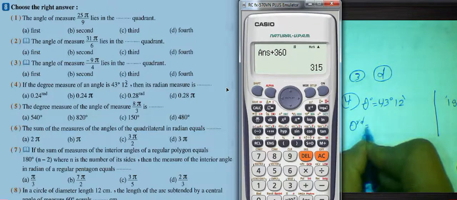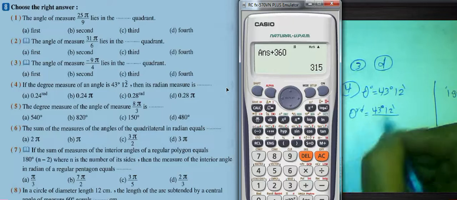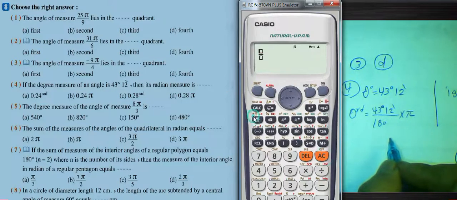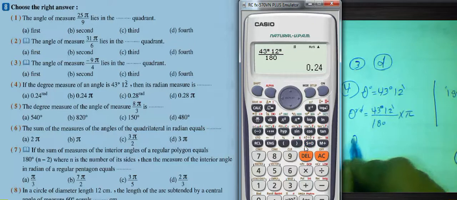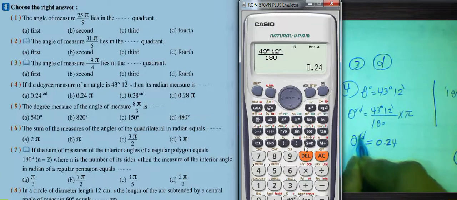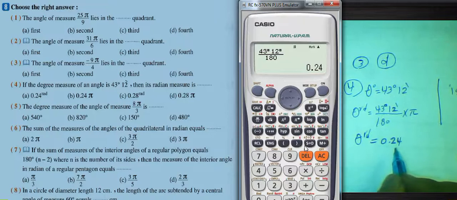Theta radian equals 43 degrees 12 minutes over 180 multiplied by pi. The result will be 0.24 in hundredths.